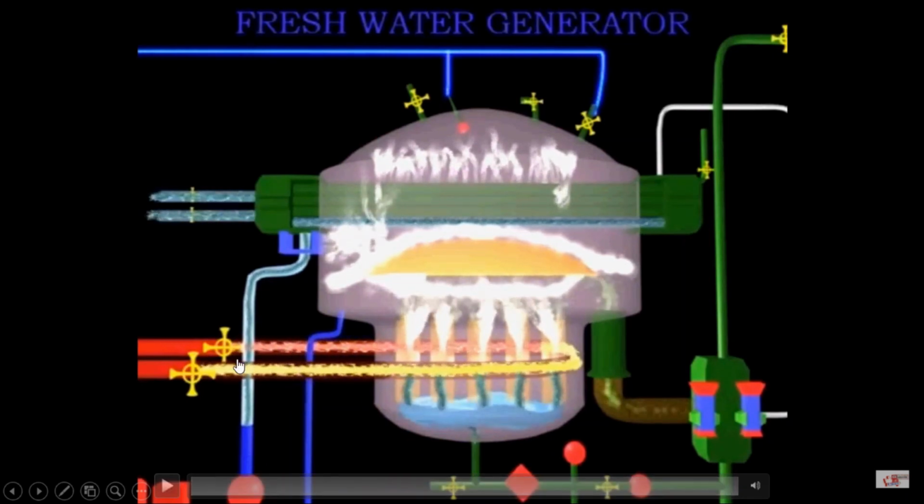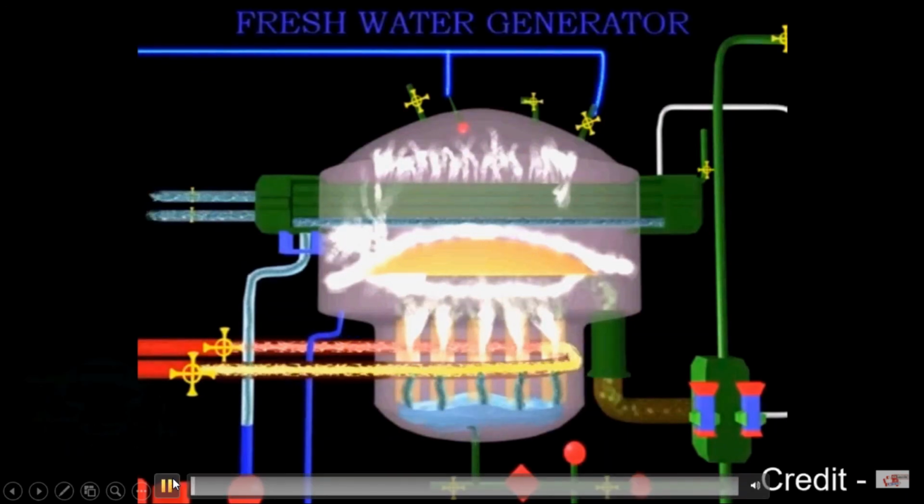So guys, this is the condenser which condenses the vapor with the seawater inlet and outlet, and this is the brine air ejector which ejects the brine and gets discharged overboard.